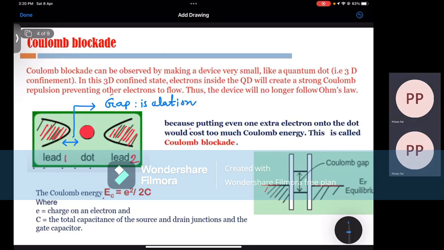And the further movement of electrons from outside to the dot, or from the dot to outside, will become very difficult, because the electrons already present have a very strong repulsive force. They will not allow any fresh electron to come from this side to this side.